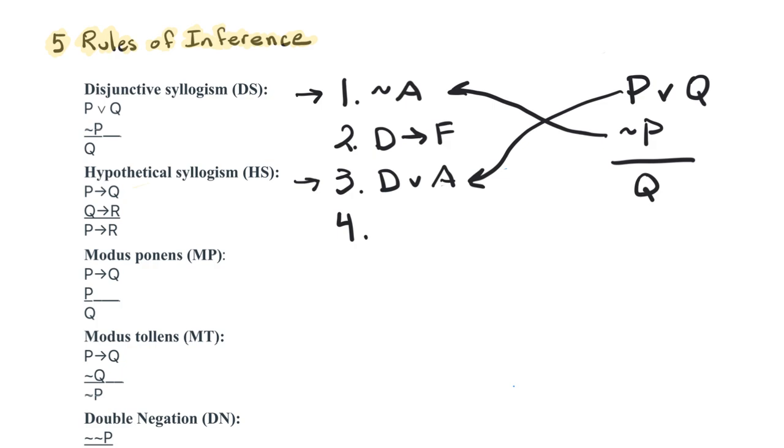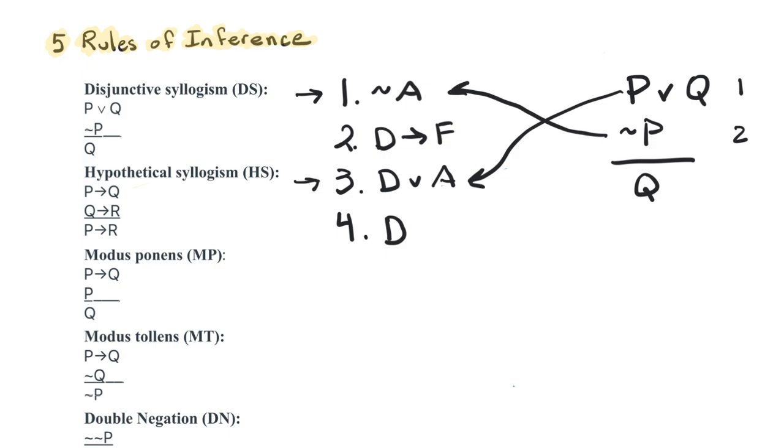So just as we can derive Q from P or Q, tilde P, we can derive D from the negated A and D or A. Remember, it's the form, not the order of premises.